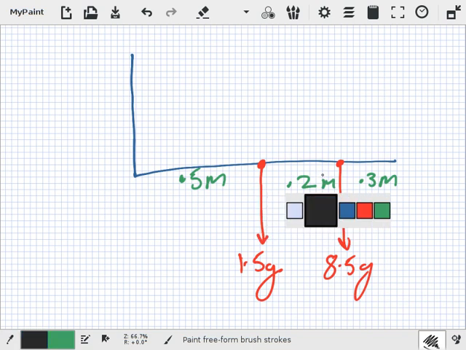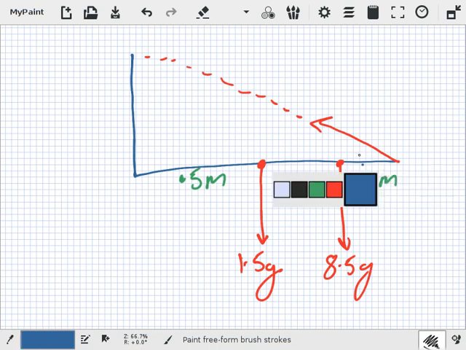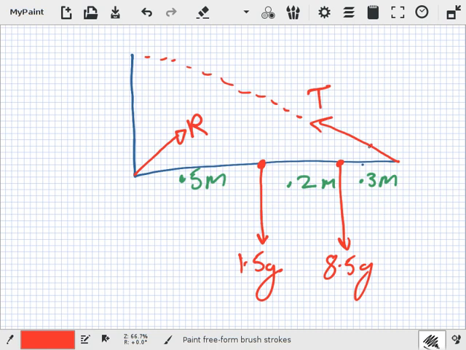Okay, and we have another force here, which is the reaction at the hinge, and this is the tension. And this theta here, we can work it out. Theta is tan inverse 0.8 over 1.